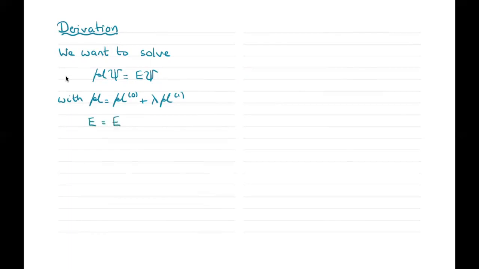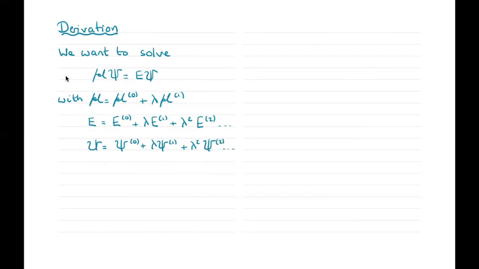So we want to solve the Schrödinger equation with h given by h0 plus lambda h1, and energy given by E0 plus lambda E1 plus lambda squared E2 and so on, and our wave function given by psi 0 plus lambda psi 1 plus lambda squared psi 2 and so on.